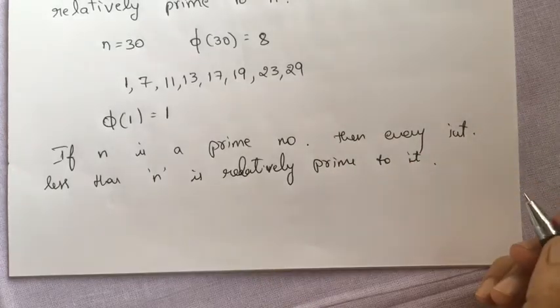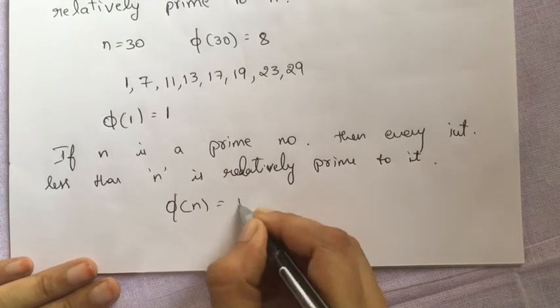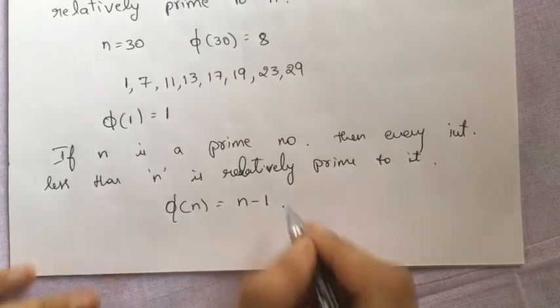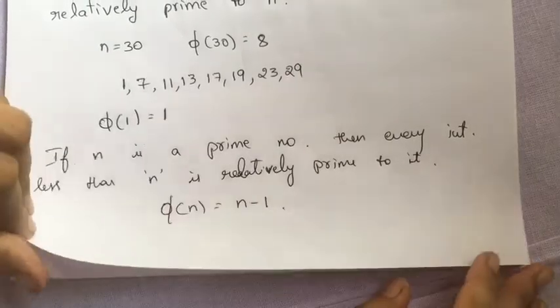Therefore, what happens is I can just write phi of n is nothing but n minus 1. This you can check with an example, okay?